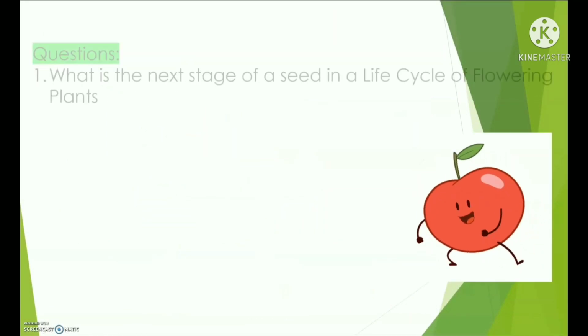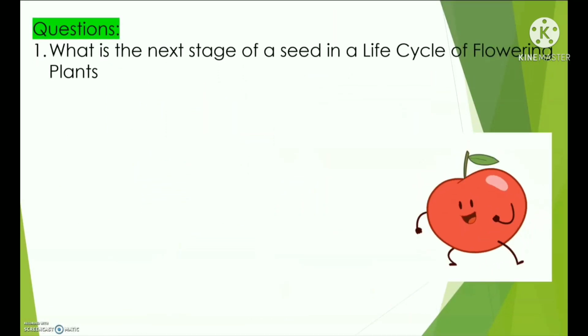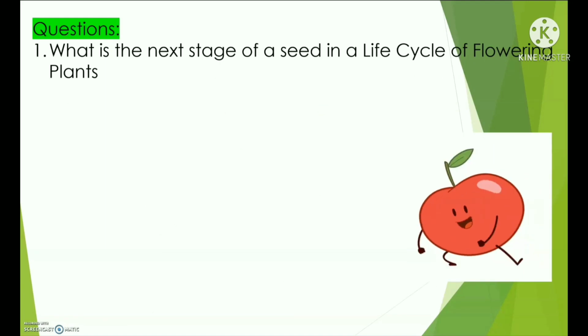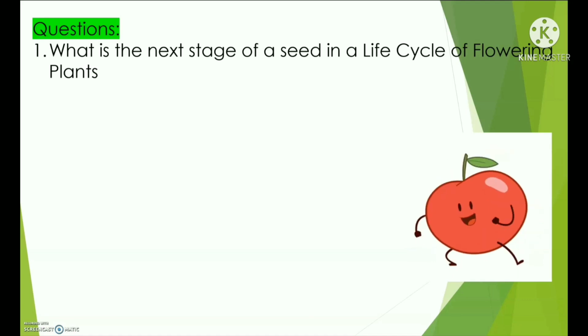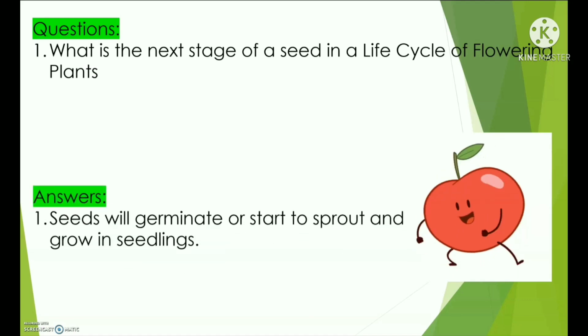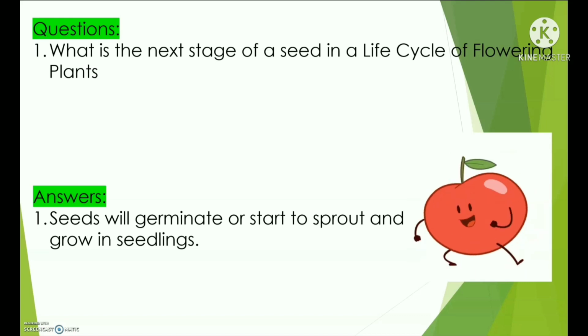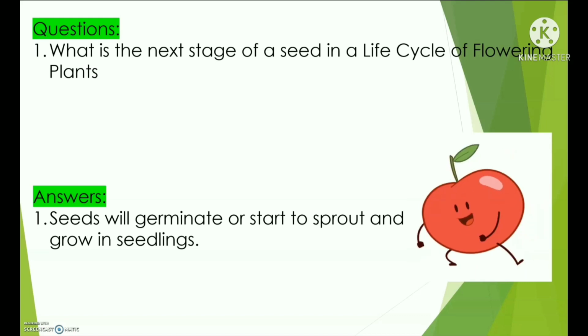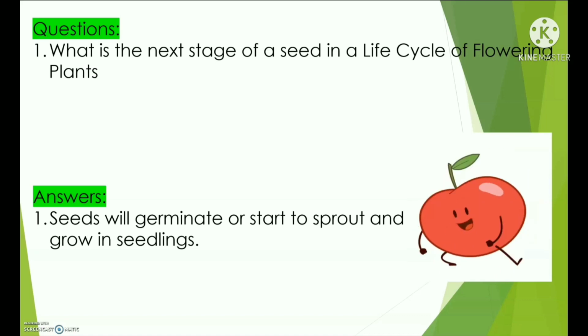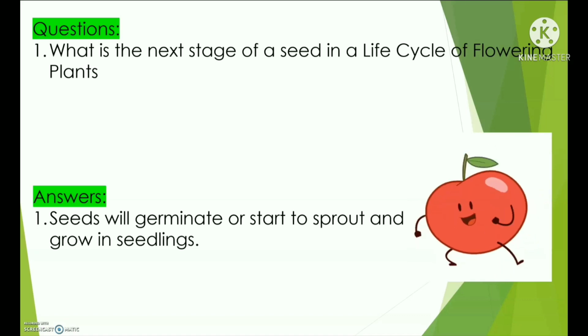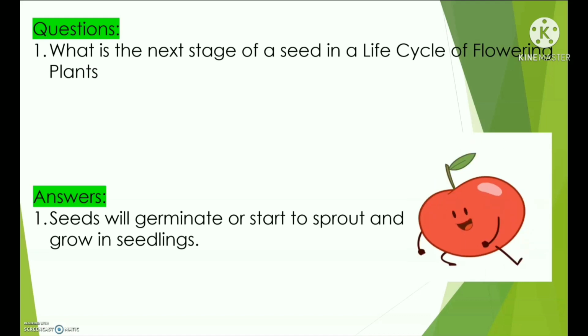So now let's answer our first question. The question is, what is the next stage of a seed in a life cycle of flowering plants? Very good. The answer is, seeds will germinate or start to sprout and grow in seedlings. So the next process or the next stage of seed is seedlings.